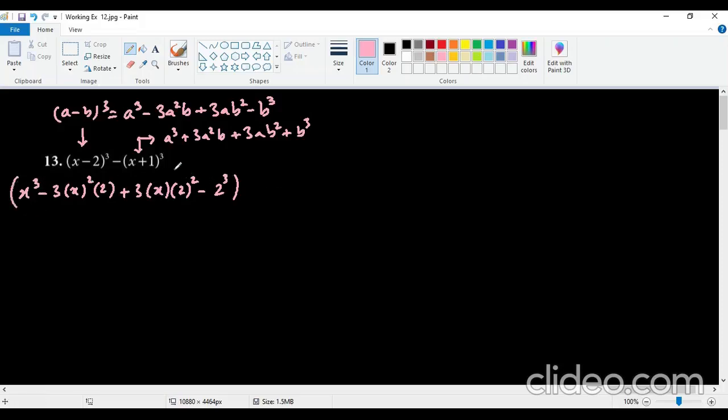This is going to be the first formula, and now this minus is going to come. This minus I'm using over here, and now we'll be opening the x plus 1 whole cube formula. So the first one is going to give us x cube plus 3a squared b plus 3ab squared and plus 1 cube.